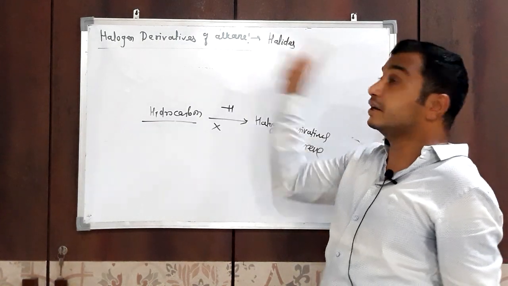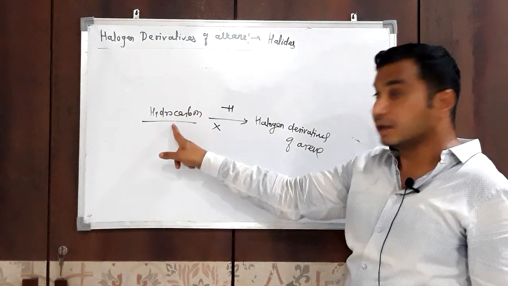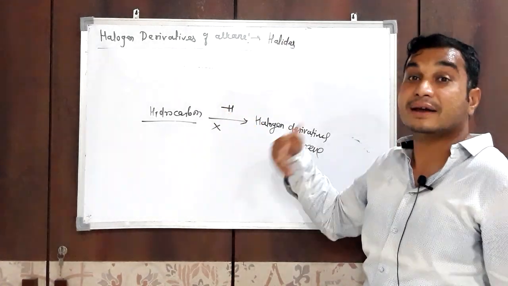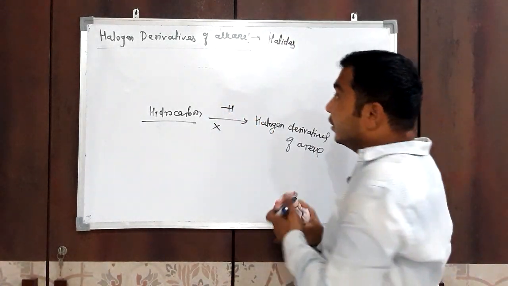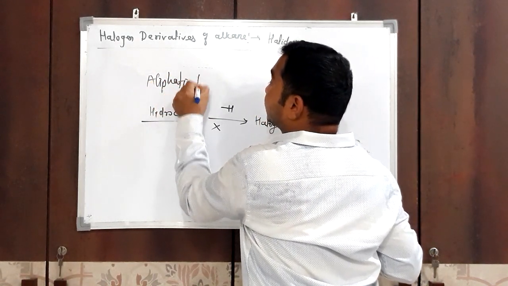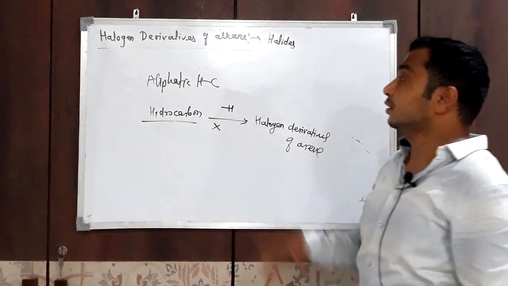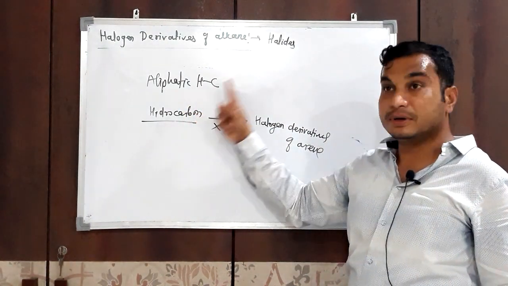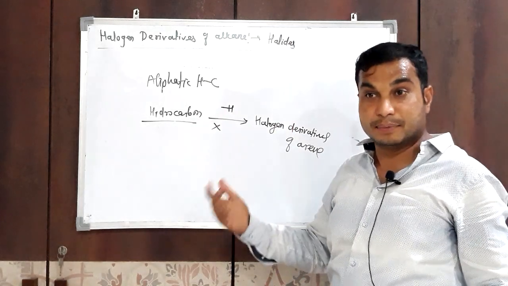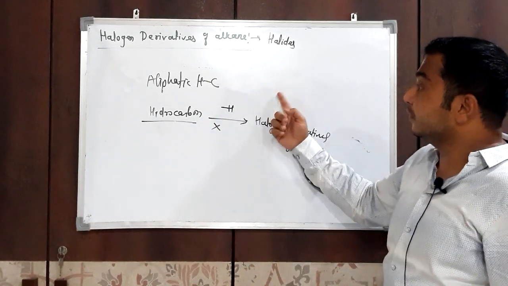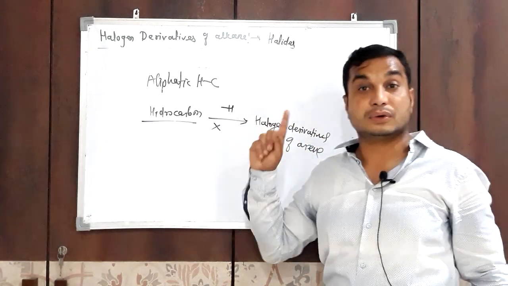A halogen derivative of alkane means we take alkane and replace hydrogen atoms by halogen atoms. If it is an aliphatic hydrocarbon, take the aliphatic hydrocarbon and replace one or more hydrogen atoms by halogen atoms; that is a halogen derivative of aliphatic hydrocarbon.